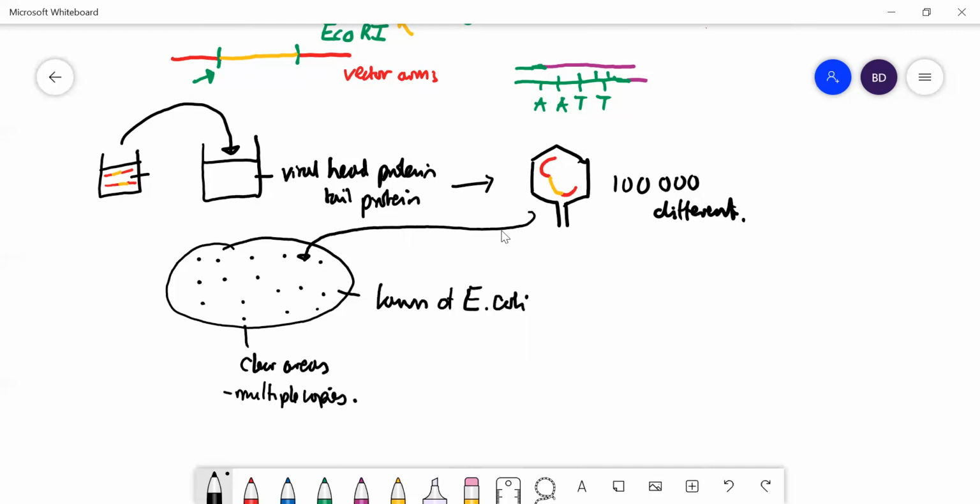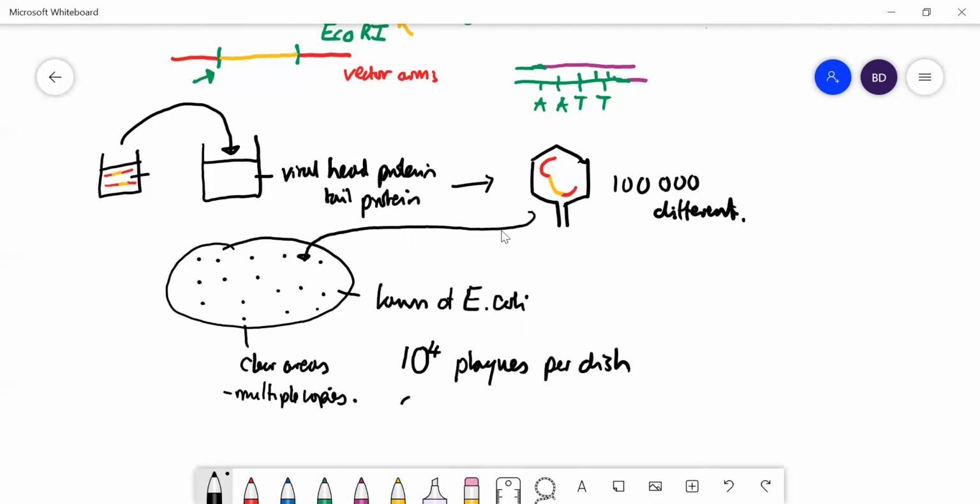Right, now usually you can see about 10,000 of these little viral plaques on the surface of one dish.